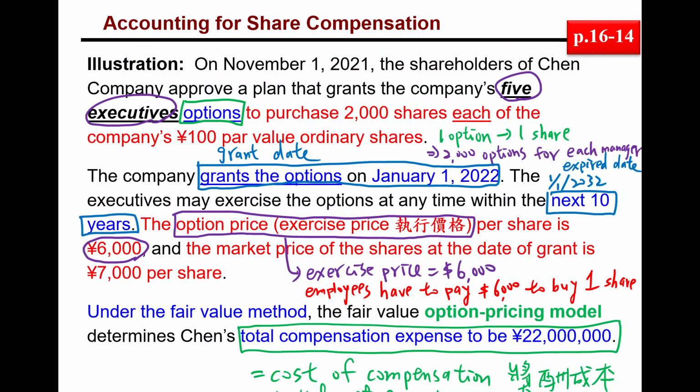Share options also are a total cost for employee service during the vesting period.